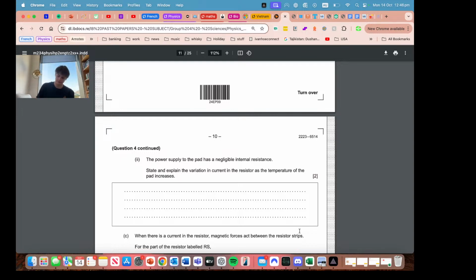So instantly we're looking at EP over ES equals NP over NS.